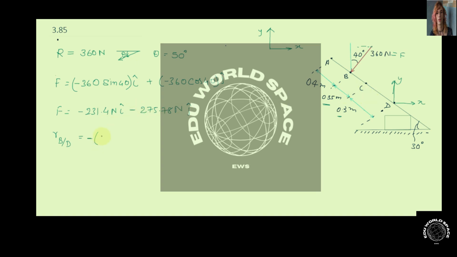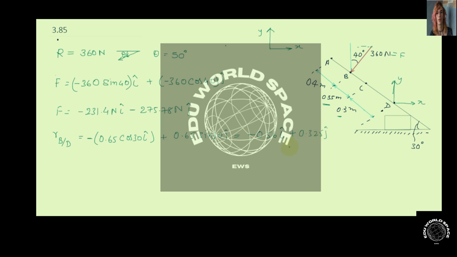So this will be 0.65 cos 30 i cap, and its j cap component will be 0.65 sin 30 j cap, which turns out to be minus 0.56 i cap plus 0.325 j cap.